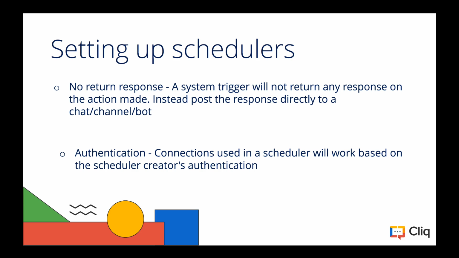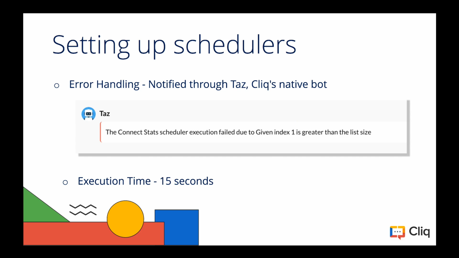Authentication: schedulers working with connections, or simply authenticating a scheduler for the first time. The connections used in a scheduler will work only with the scheduler creator's authentication. Error handling in a scheduler: errors or failures in execution will be notified through TAS, Qlik's native bot, and the execution time. The maximum allocated time for executing a scheduler is 15 seconds.